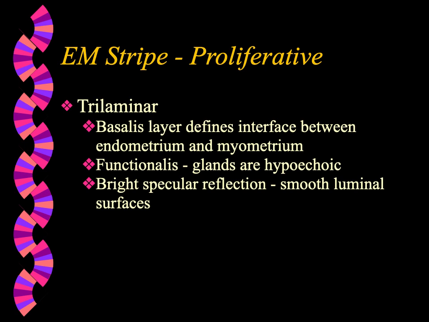It has three layers. The first layer is the basalis layer, which defines the interface between the endometrium and the myometrium. The next layer is the functionalis layer, where the glands are hypoechoic, so it tends to be a darker black. And then the third layer we see is the bright specular reflection, which is where the two surfaces of the functionalis layer come together.